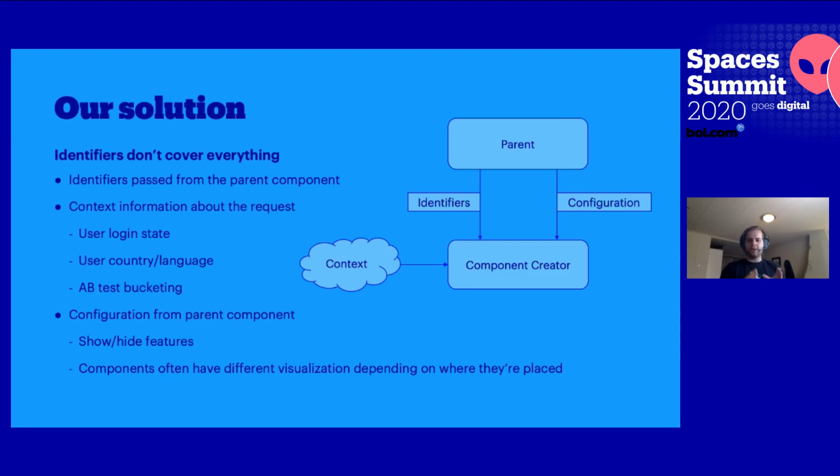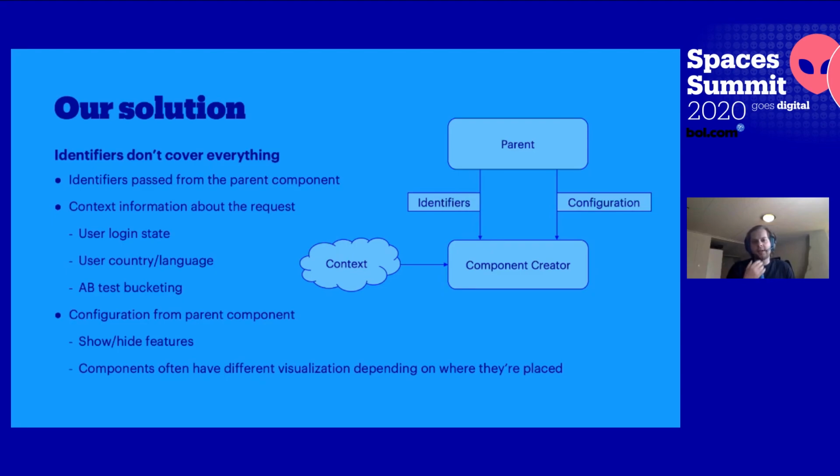So if we have a really generic product tile, well, in one place we would like to show the price because it's very important for the customer. But if we want to show it in a context where the user has already bought the product, it sounds really silly to then show the price to them. So we need to always pass down a little bit of configuration from the parent, and we try to make these as functional as possible. So like Boolean flags, like should we show the price or not?